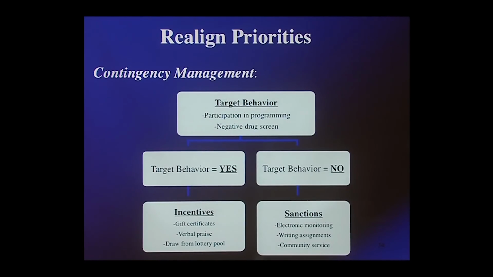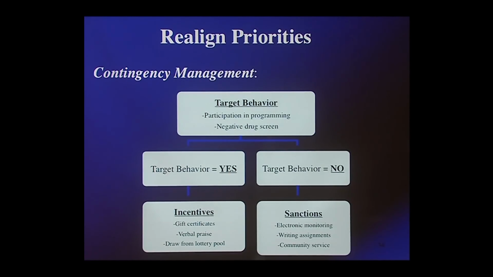So in the diversion programs, they use a lot of this, which is that let's say that you have a target behavior, like a negative drug screen. So that's what you're trying to get to. If you have that target behavior, yes, you'll get praised for it. You'll get gift certificates, verbal praise. You may be able to draw from a pot with variable amounts of reward, like a free ice cream cone or something like that.